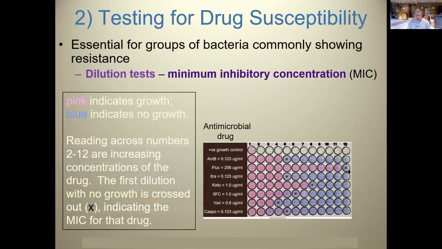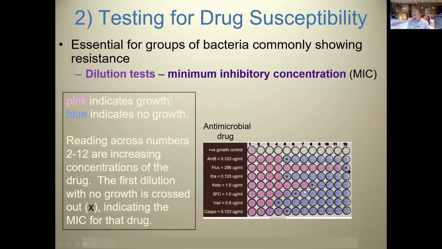And then finally, another technique that, again, I have not ever used, but in essence, what you have are a series of little wells to which bacteria have been added. So let's say E. coli is added to all of these. How many wells do we have here? 2, 4, 6, 8. 2, 4, 6, 8, 10, 12.